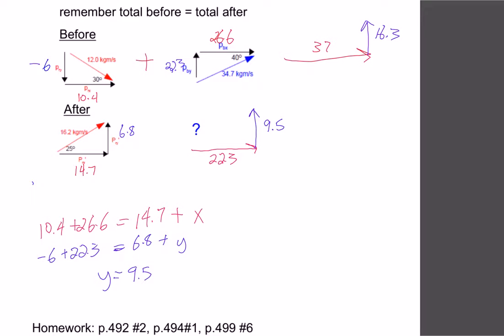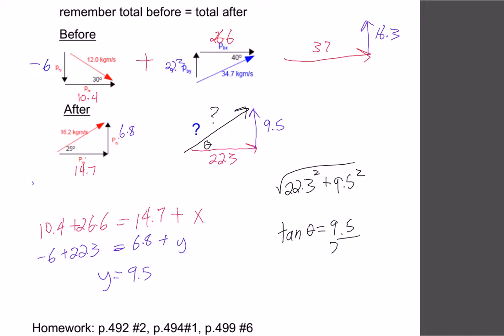Now our final step, just like the previous example, we've got our final vectors. We just need to figure out the side and the angle. Once again, we can just use trig and the Pythagorean theorem, and we'll find the angle as well. So we get 24.2 at 23 degrees. Just like our last question, if we go back to the original question, it was asking what is the velocity, not momentum.